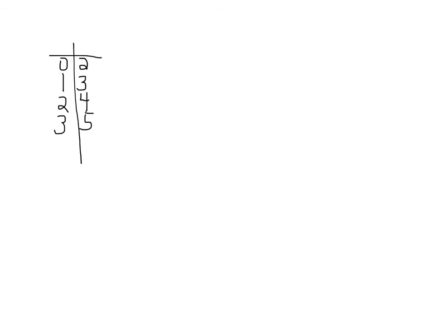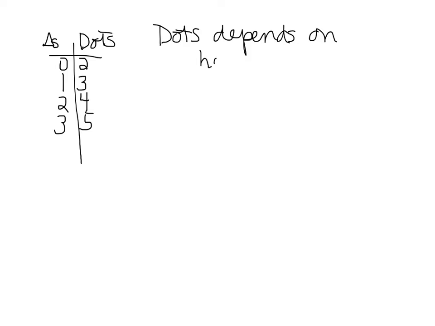The number of dots, these are the dots, and these are the triangles. And I think you can clearly see that the number of dots depends on how many triangles.